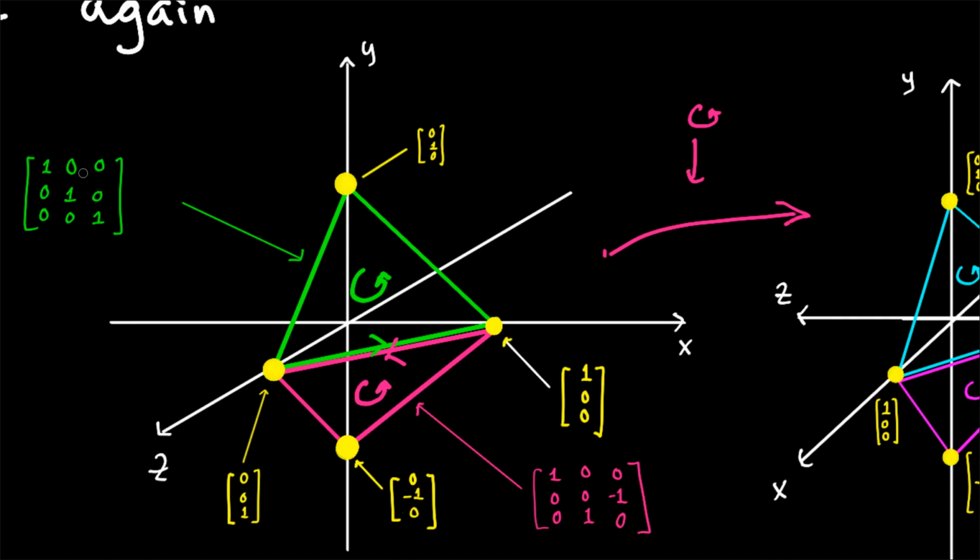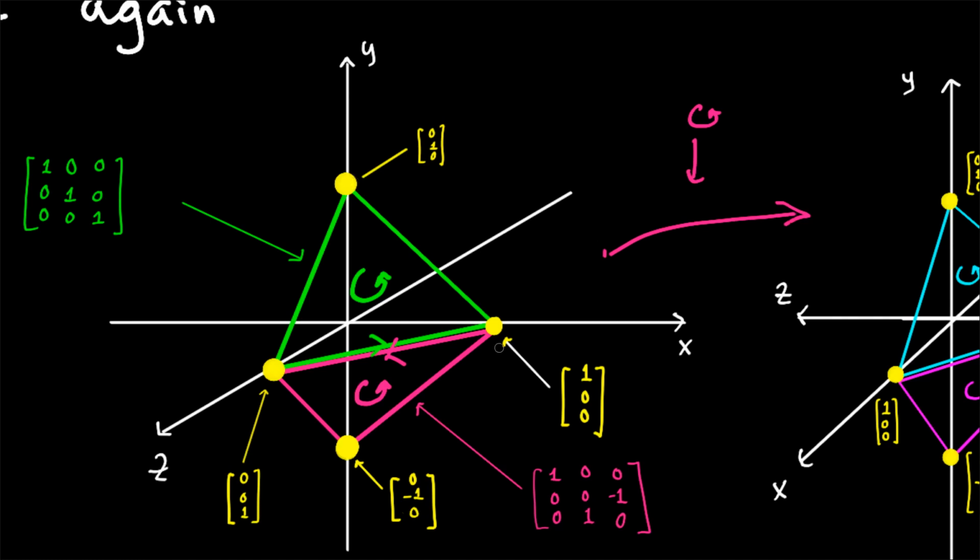Anyway, so there's a couple different choices for how you can write these matrices, and I just picked them so that the one with the x coordinate would be the first entry, and that way it's really easy to compute the determinant if you know the 3 by 3 rule for determinants. Anyway, so this green triangle here, its associated matrix is the identity matrix.